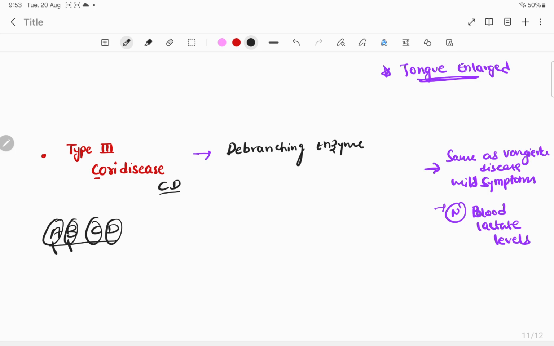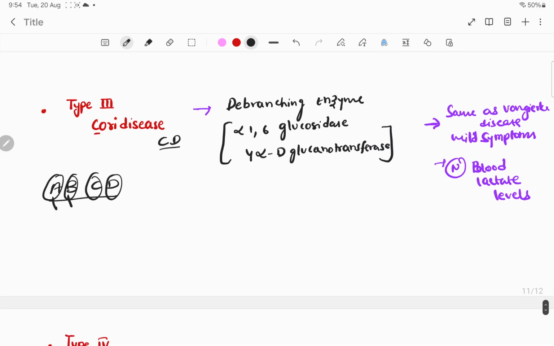What are the debranching enzymes which are deficient? There are two: first, alpha 1,6 glucosidase, and 4 alpha D glucanotransferase. These are the debranching enzymes which are deficient.